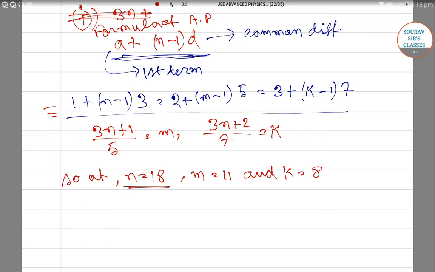At n equals 18, m equals 11 and k equals 8. N equals 18 means (18 into 3 plus 1) by 5, this is 11, and here (18 into 3 plus 2) by 7, k is 8.